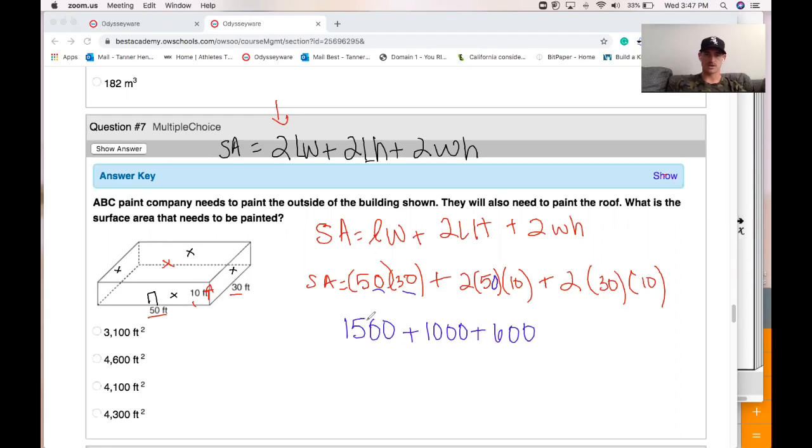So add them together. 1,500 plus 1,000 is 2,500, plus 600. When you add those together, we get 3,100 square feet, or feet squared.